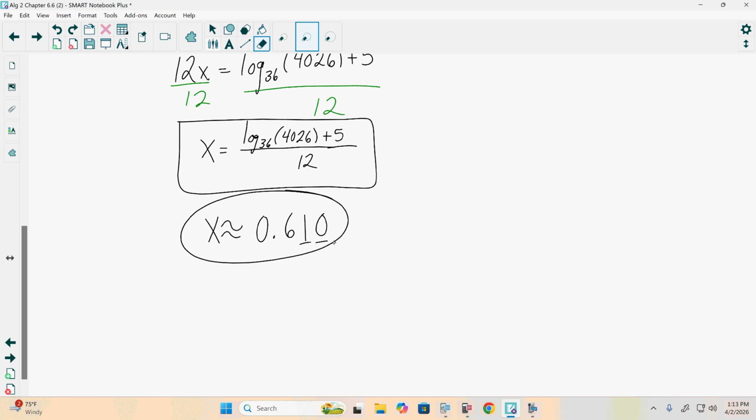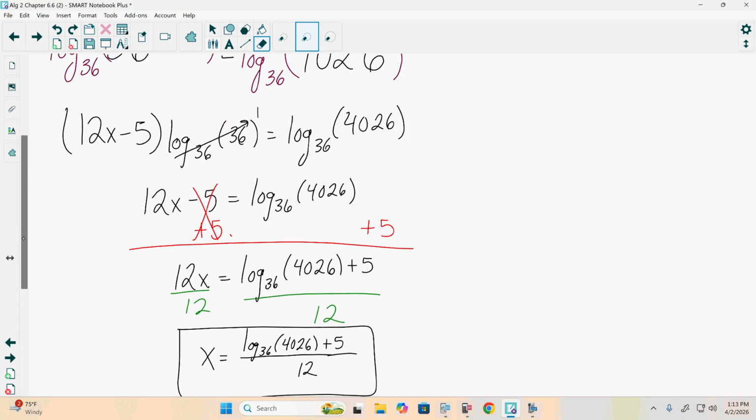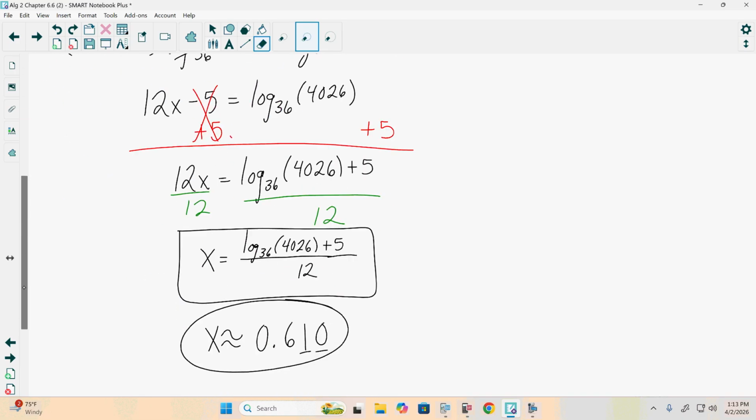First 9 becomes 10, so 0 carry the 1. Next 9 becomes 10, 0 carry the 1. We still put both zeros to signify we rounded to the third spot. Makes sense? It's 6.610. Questions on these so far?